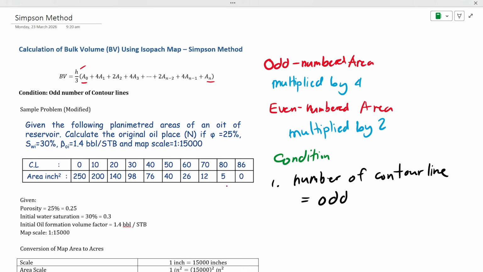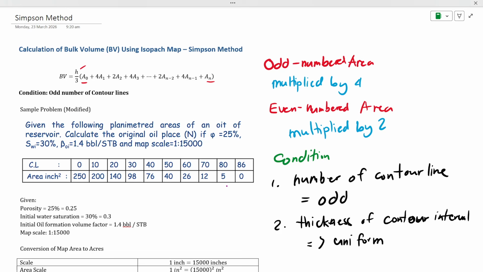Next, the thickness of every contour interval should be uniform, or equal.